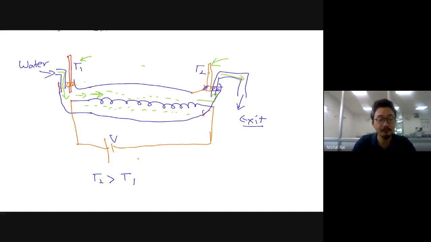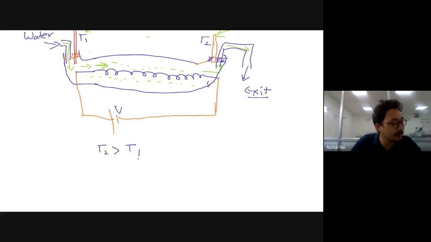So the thermometers T1 and T2 measure the temperature of the ingoing and outgoing liquid. This liquid can be water or anything, but for now let's consider water itself.